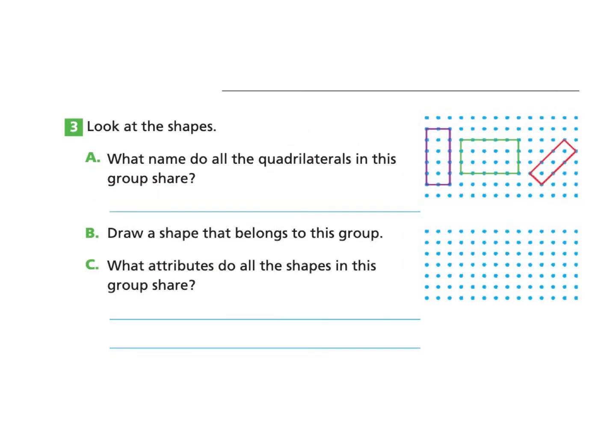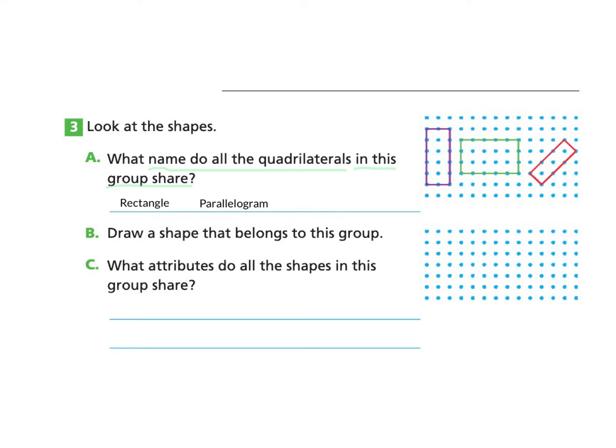Let's take a look at the next page, page 513, on part 3. Look at the shapes. What name do all the quadrilaterals in this group share? Maybe you would like to pause and try part A on your own and come back, or you can follow along with me. I noticed that all three of these quadrilaterals are rectangles because they have two pairs of opposite sides that are equal in length, two pairs of opposite parallel sides, and four right angles.